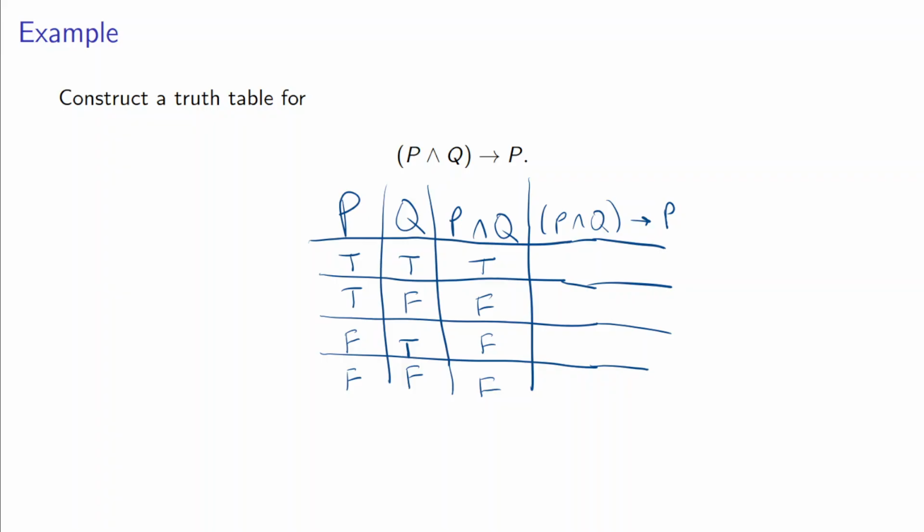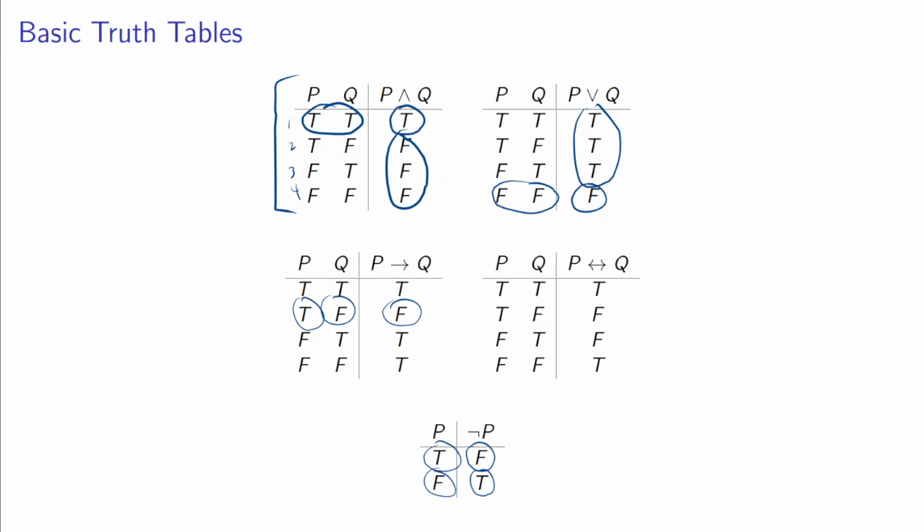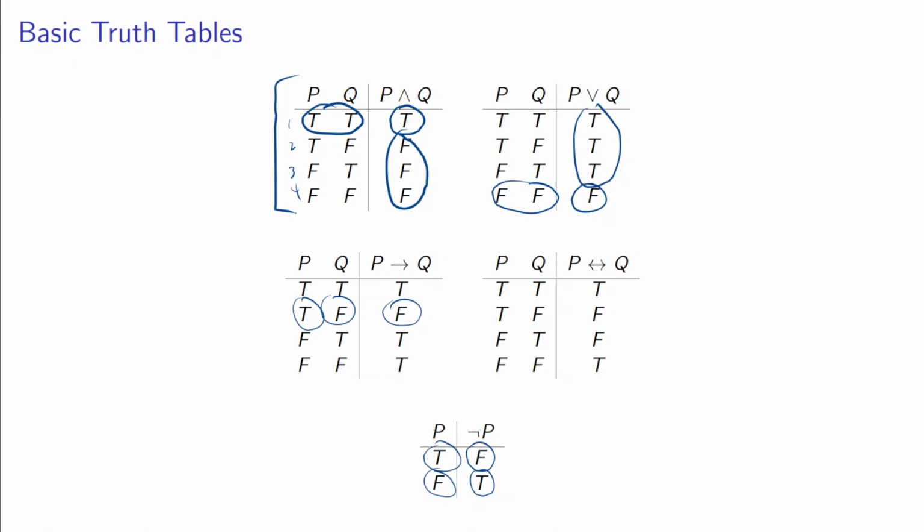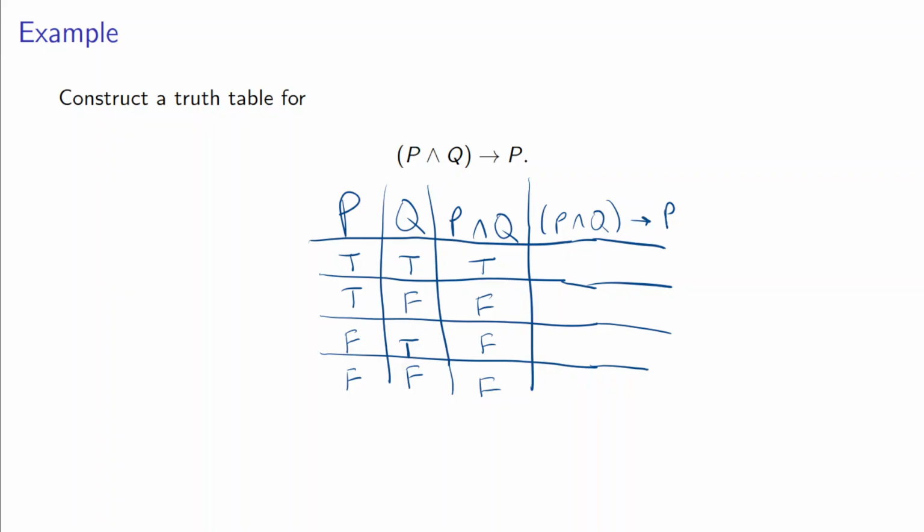And then the if P and Q, then P is going to be, coming back to our basic truth tables, false exactly when the first part is true and the second part is false. The first part being the P and Q. So this is going to be only false in the situation where P and Q is true and P is false. So let's see. Do we have any of those?